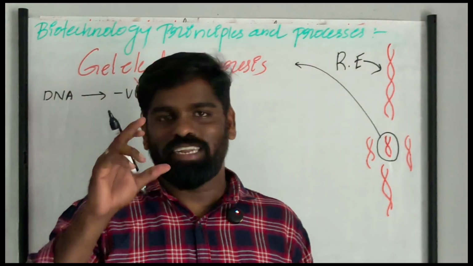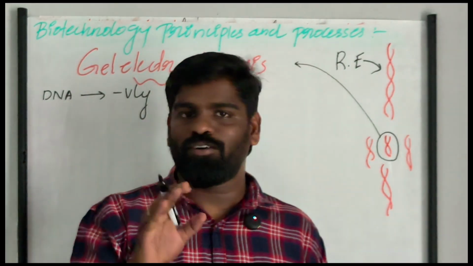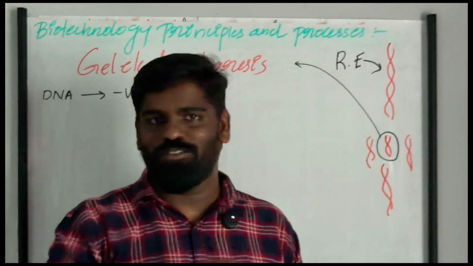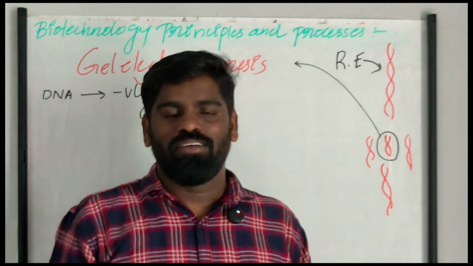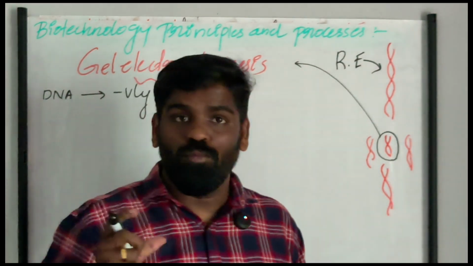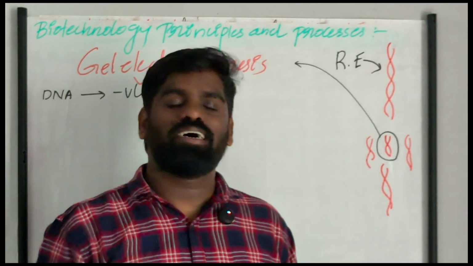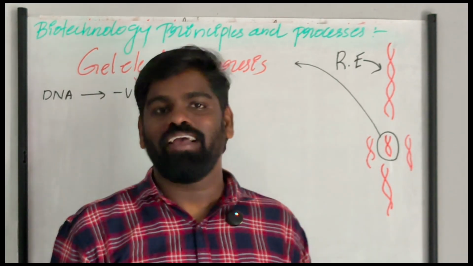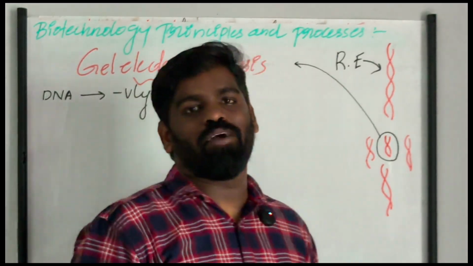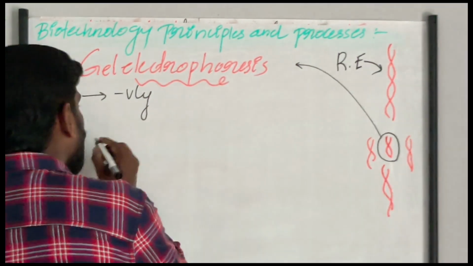Have you got it? So DNA is negatively charged. Why is it negatively charged? Because of the presence of the phosphate group that we have already studied. So this negatively charged DNA is forced to move towards the anode under an electric field through a medium. The medium we are using here is agarose gel.